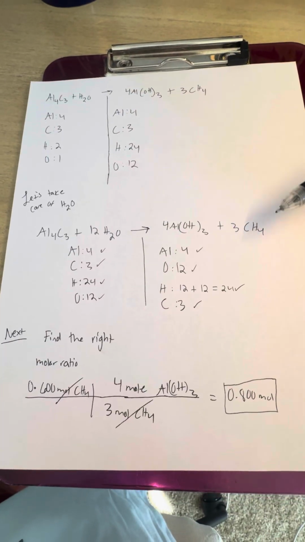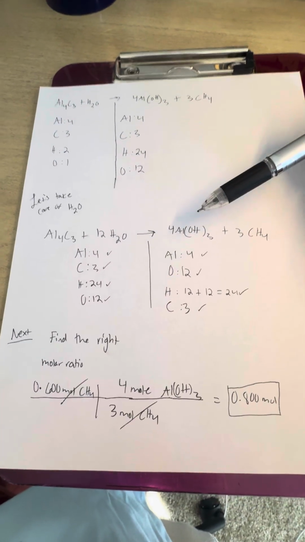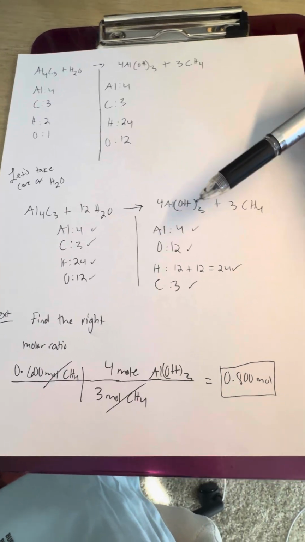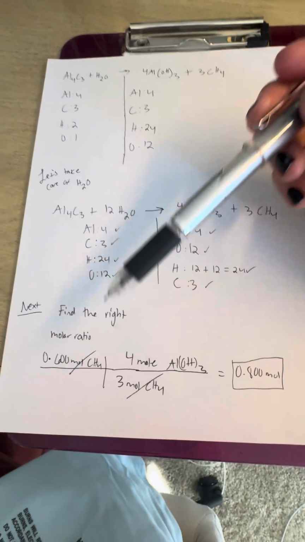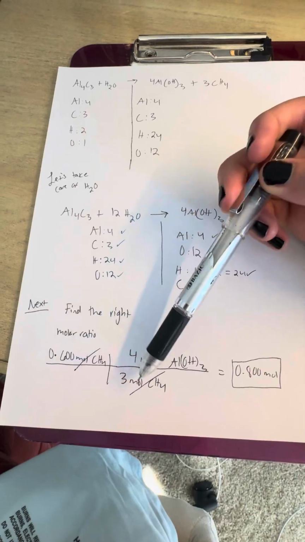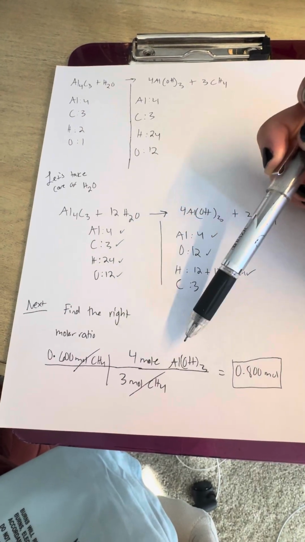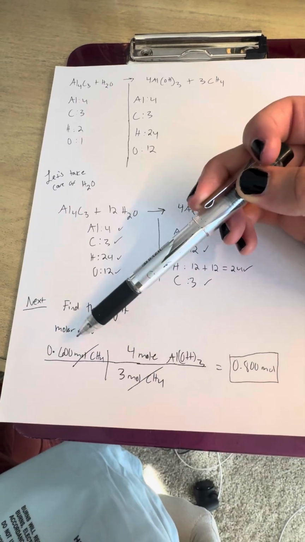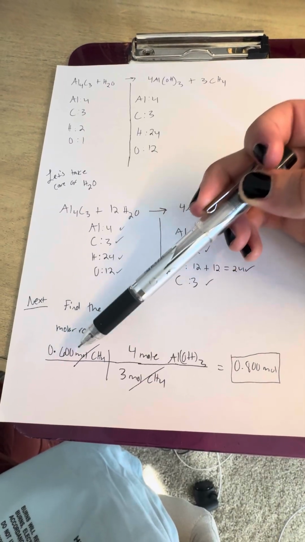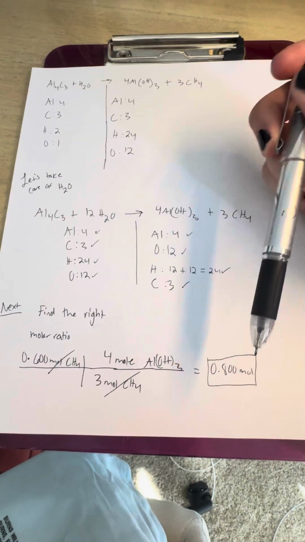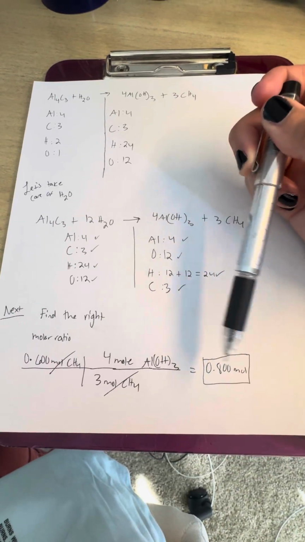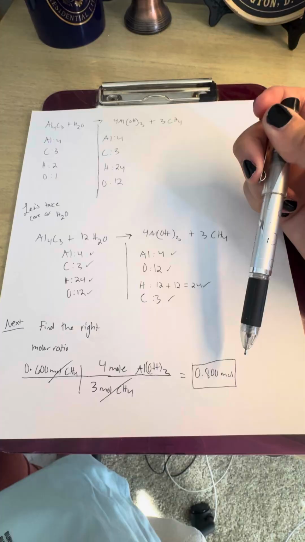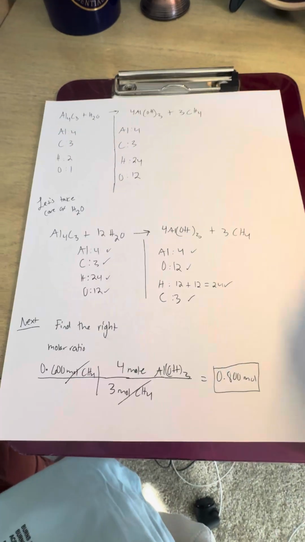We have 3 moles of methane for every 4 moles of aluminum hydroxide in our reaction. So we set it up to get our desired product in the numerator, and we just cancel the units to see that we have 0.600 times 4 divided by 3 will give us 0.800 moles of aluminum hydroxide. Forgot to write the units, but you should do that on your exam. Okay.